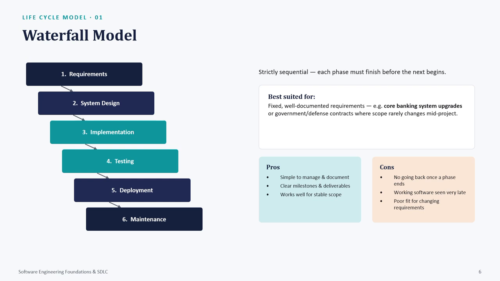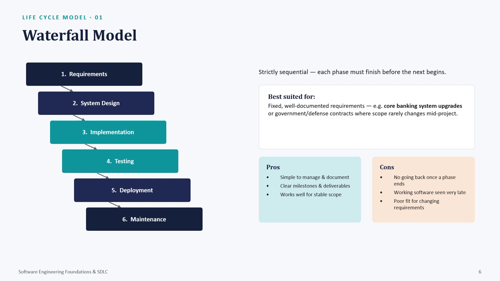These phases you cannot break, otherwise you will get an error in code or elsewhere. Best suited for fixed, well-documented requirements. Example: core banking system upgrades or government defense contracts where scope rarely changes mid-project.